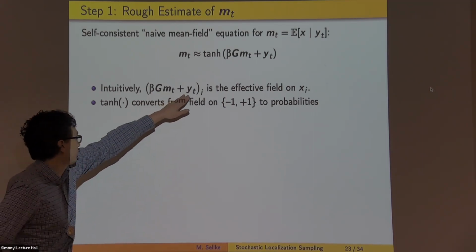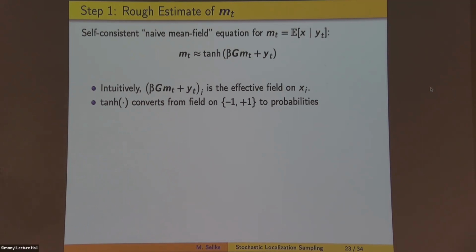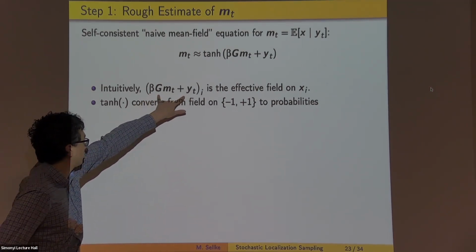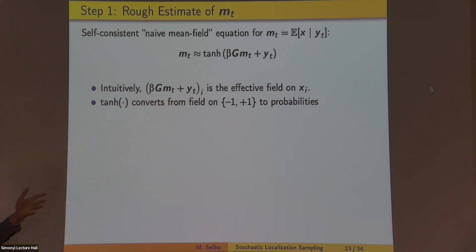And YT will have a similar interpretation. It's an external tilt by a magnetic field. So this beta G MT plus YT should be the effective field that is felt by X. And then if I want to convert from an external magnetic field to an expectation, I should apply a hyperbolic tangent. So YT is acting as a magnetic field. Yeah, that's basically how it enters.